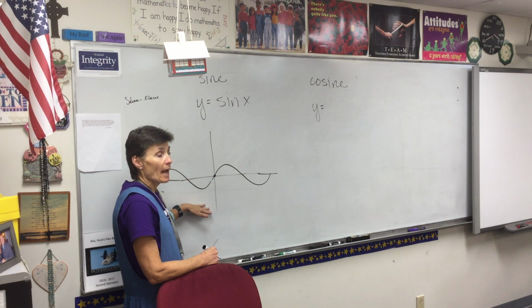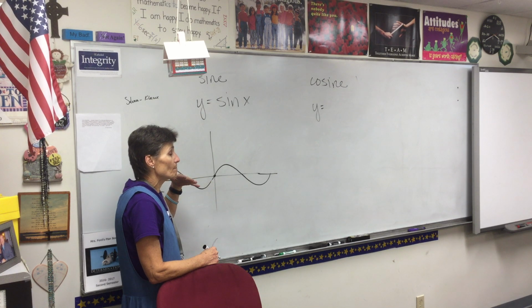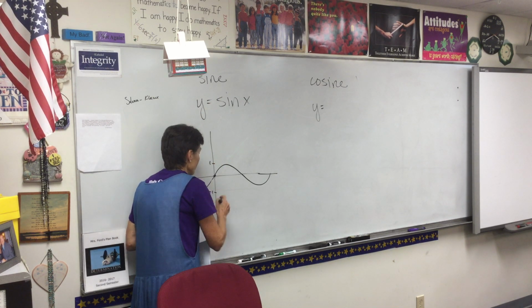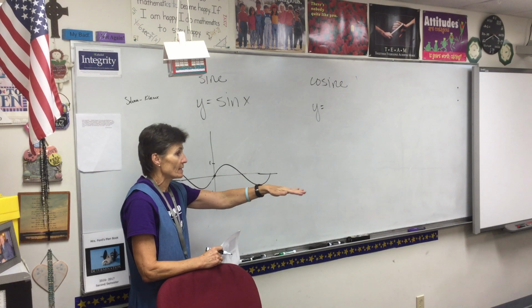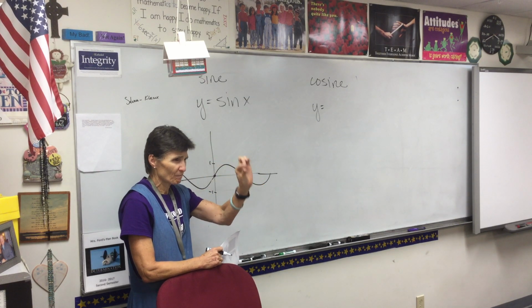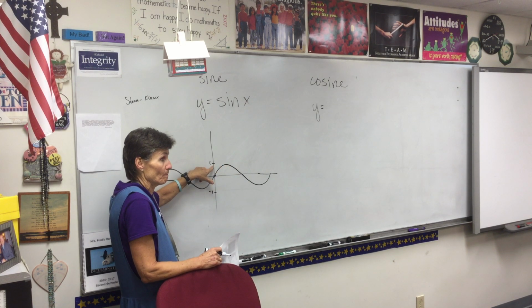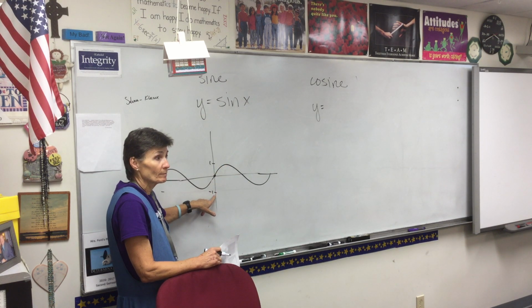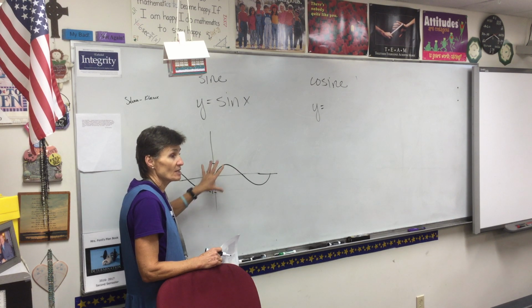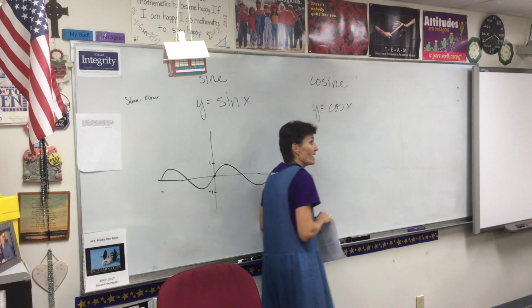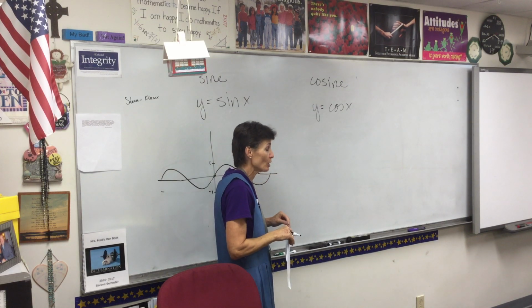Cosine's opposite, right? Now, in your reality, this goes up one and down one, but I know your grid is way too small. So you can have it going up higher, but label that 1 and this -1. Okay? Because these are 1 unit tall. Now, the cosine curve, which is cos x, that's called cosine.